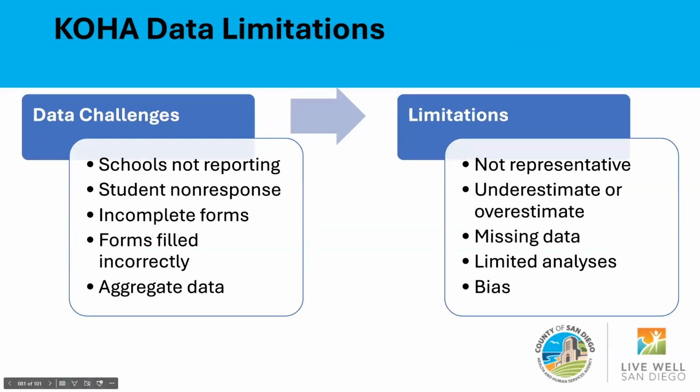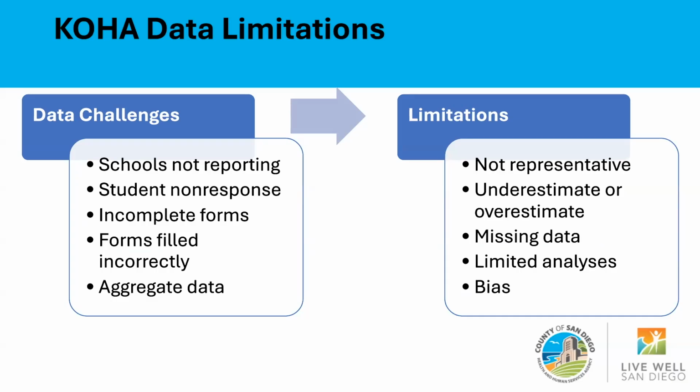In our county, we also only have access to aggregate school level data, so that limits the analyses. For example, not being able to look at oral health disparities by race or gender using COHA data. I may also have to omit a school's data from analyses if it doesn't meet certain data quality criteria, and that was touched on earlier in the share and learn.